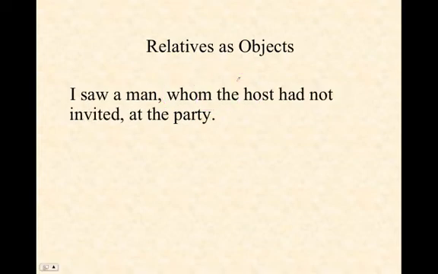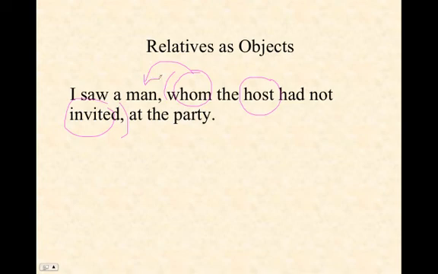I saw a man whom the host had not invited at the party. In this relative clause, you have a subject, you have a verb, and you have an object. The subject is host. The verb is invited, had invited, and the object of that verb is whom. Whom is a relative, and it has as its antecedent the word man.